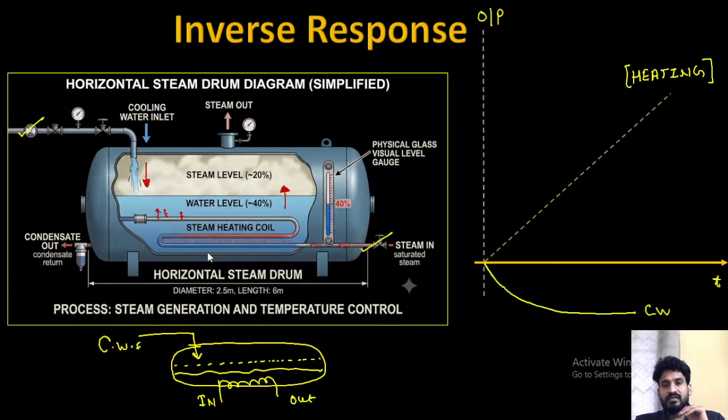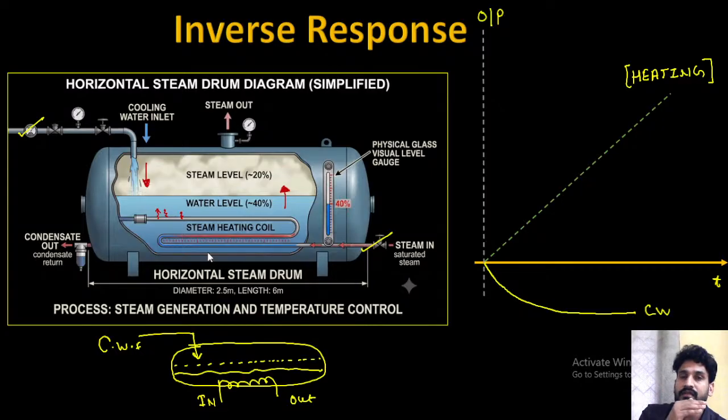Now just try to understand what will happen. A fixed amount of steam is coming into the steam coil, and some water is also coming into the system through the cooling water inlet. Let's suppose we increase the flow rate of the cooling water coming into the steam drum. Now what will happen? Initially the steam will be condensed by contact with the cooling water inlet, but after some time, because my steam heating coil is continuously giving heat to the system, my steam generation will be more.